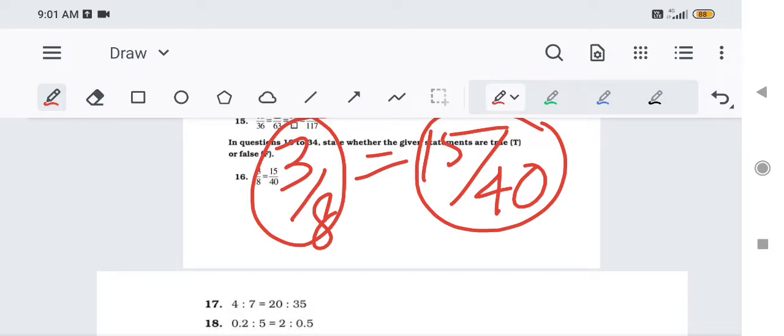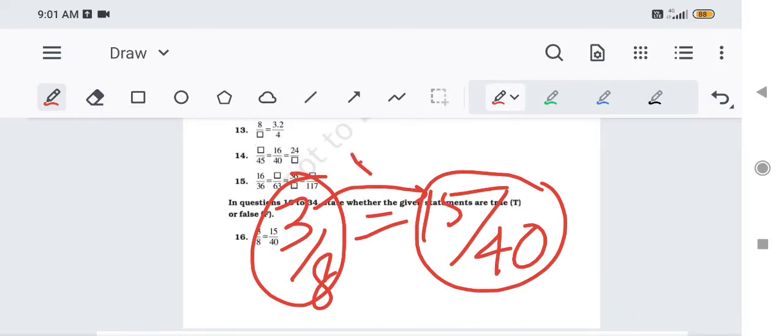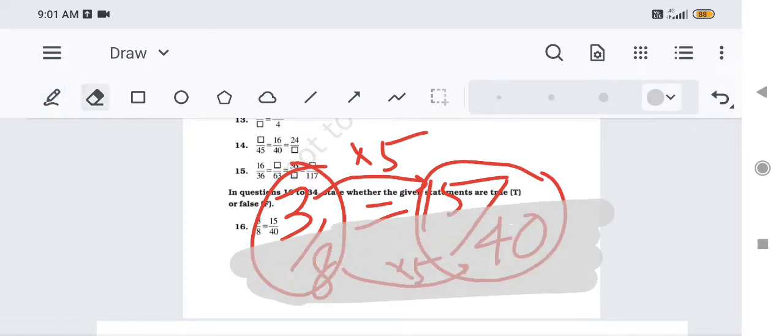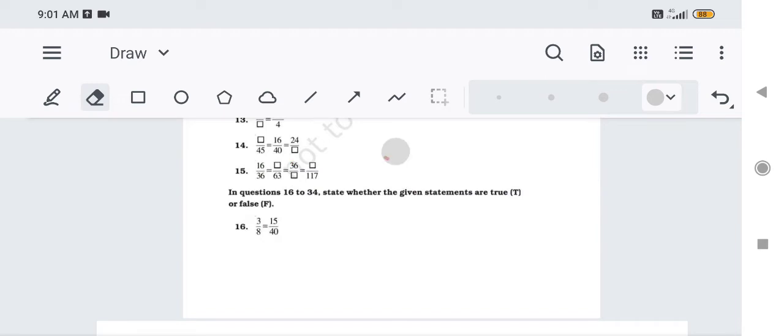So here you can see 3 has become 15, meaning a multiplication by 5, and 8 has become 40, so it has also been multiplied by 5. So here the condition of being an equivalent fraction has been satisfied, so we can say that the given statement that 3 by 8 is equal to 15 by 40 is true.